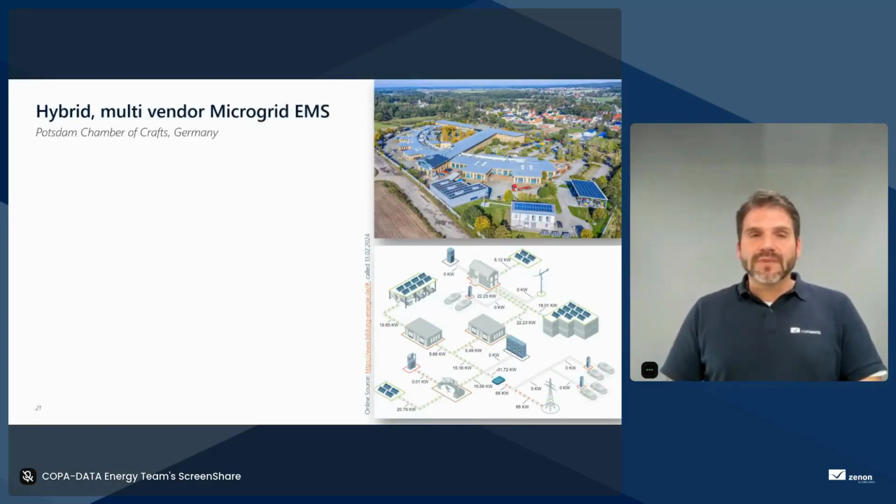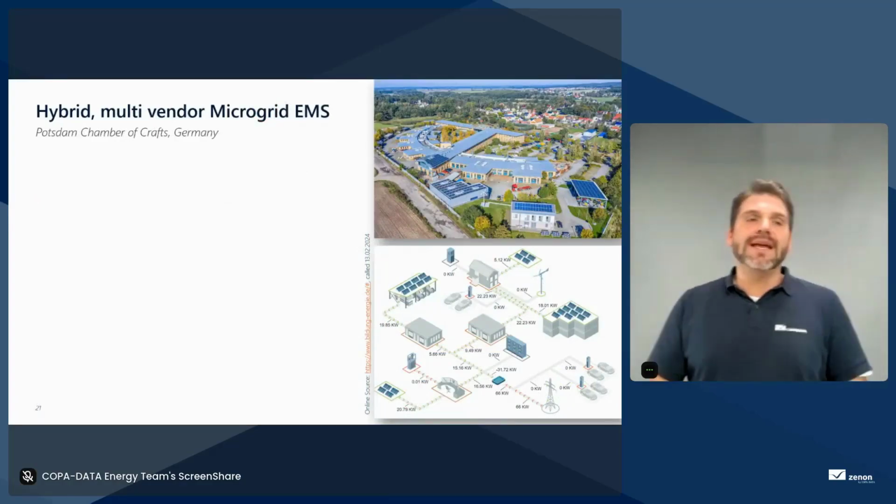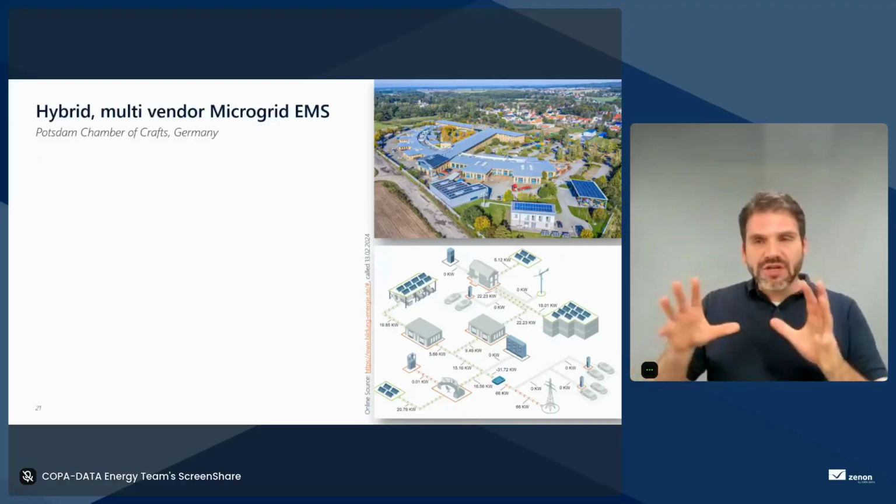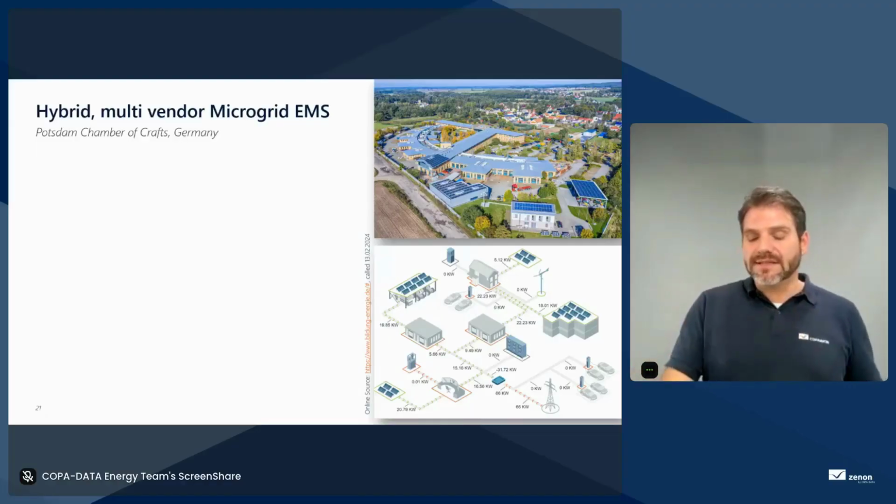Second example is a system which runs in Germany at the Potsdam Chamber of Crafts. This is a training and test center for modern energy technology. And as you can see in the picture and in the schematic diagram, it is a composition of a lot of different assets.